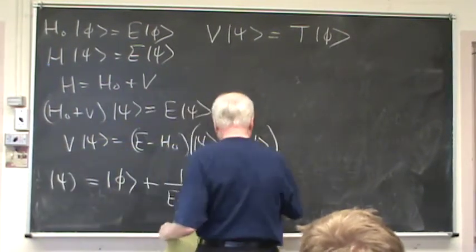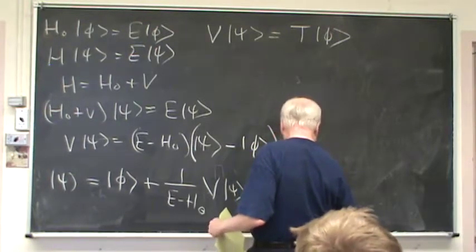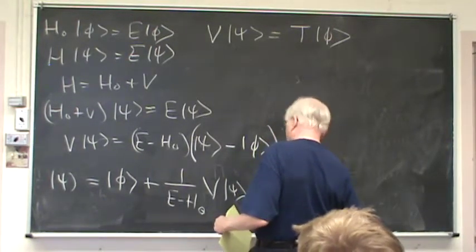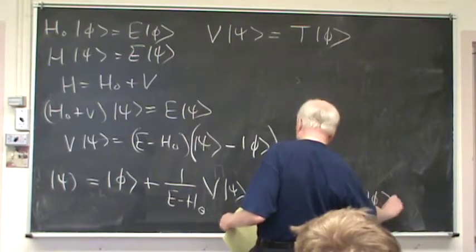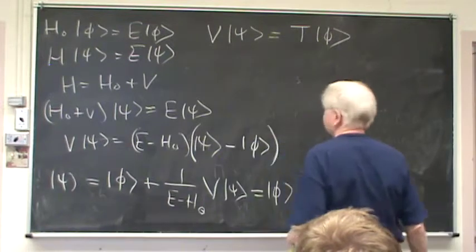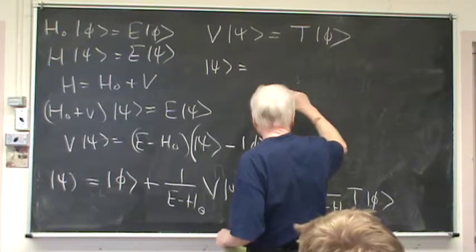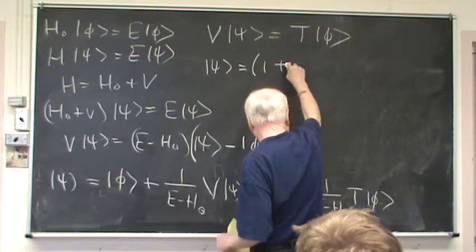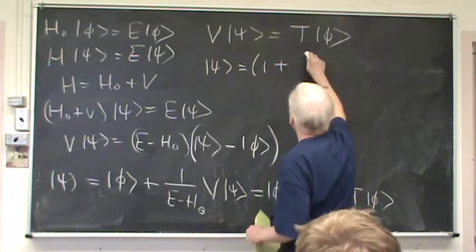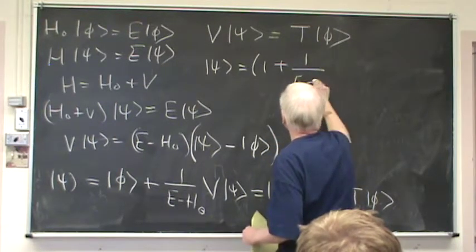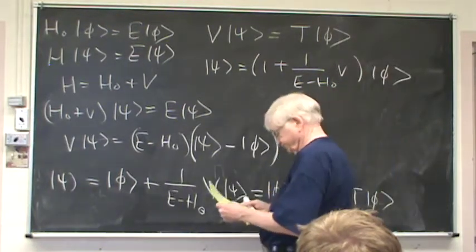And once we do that, then phi plus 1 over E minus H0 V psi, well, that's T phi. And now we've got a very nice expression, because we can say the thing we want is 1 plus 1 over E minus H0 V on the thing we know.